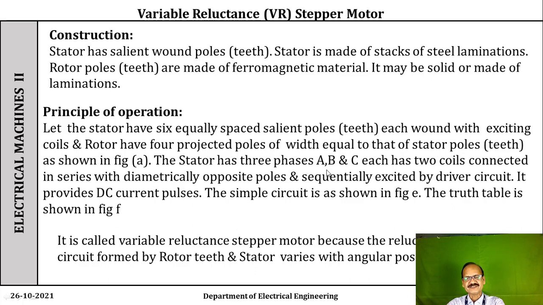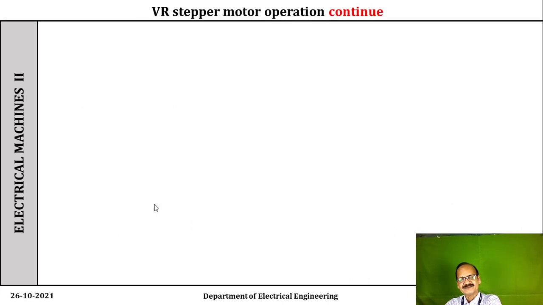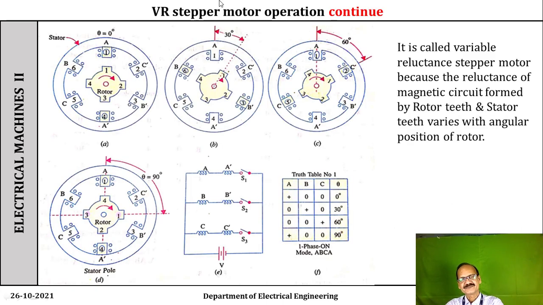The 2 coils of the stator are connected in series with diametrically opposite poles, and they are sequentially excited by the driver circuit provided by DC pulses. The simple circuit is also shown there, and the truth table is also available. Now pay attention here. It is called variable reluctance stepper motor because the reluctance of the magnetic circuit formed by the rotor teeth and stator teeth varies with the angular position of the rotor.